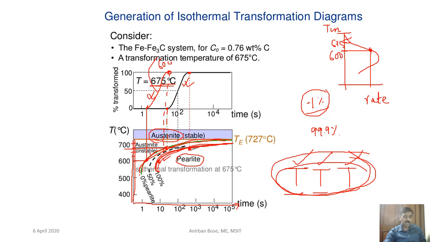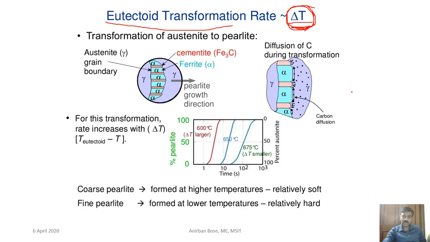In both cases we are going to get pearlite. Here the pearlite starts, and here it will end. So you'll get pearlite here, and here also we'll get pearlite if this transformation takes place. But what about their structure? We can see that the structure will be like this.